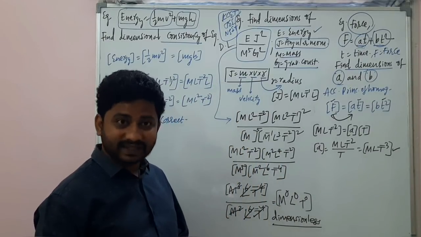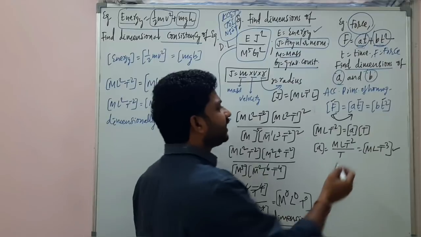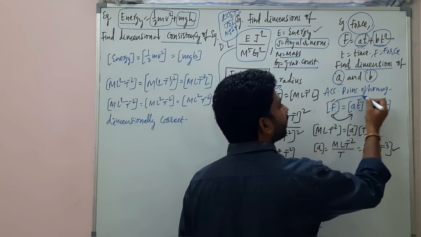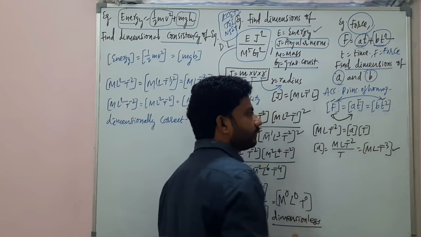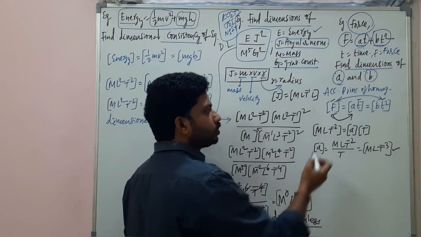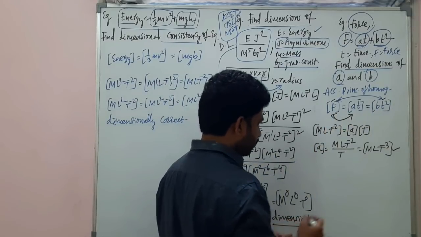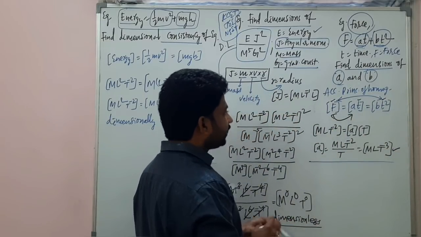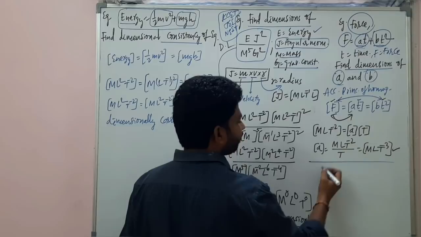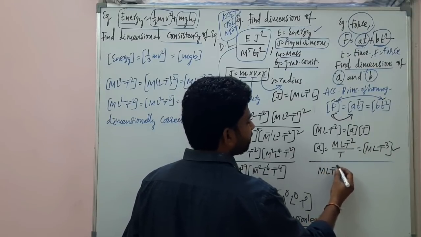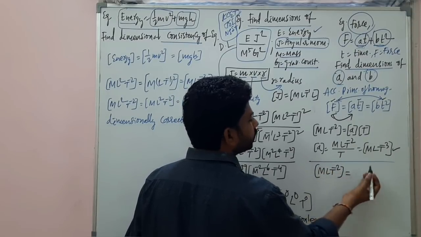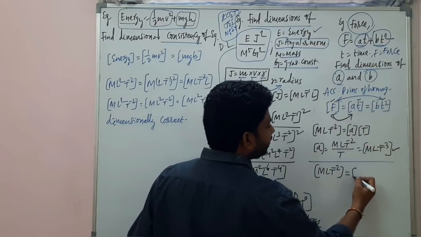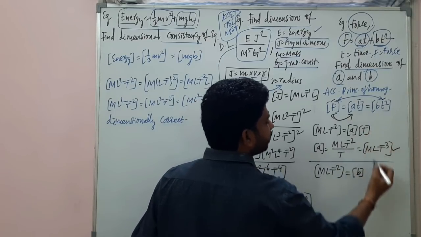Okay. Now, let's take these two. Right? So these two. What is that? If I take these two, it will be dimensions of force MLT minus 2, which is equal to dimensions of B into dimensions of T square.